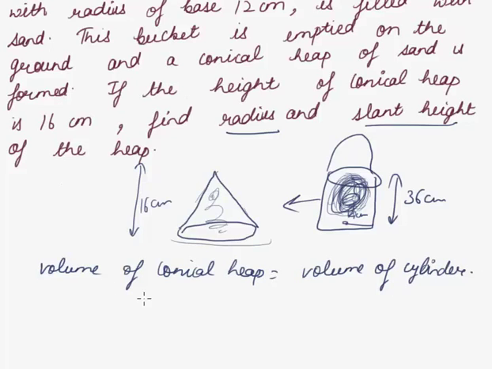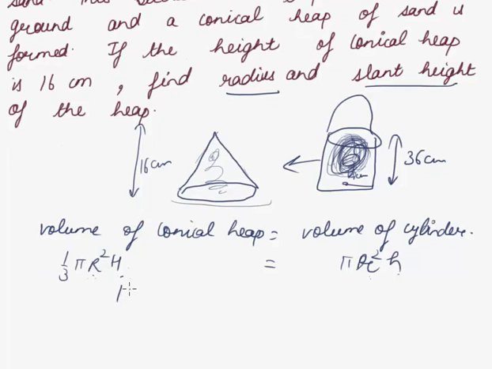Now volume of conical heap is 1 by 3 pi r square h, where r and h are the radius and height of cone, whereas for cylinder we know that its volume is pi r square h. To distinguish between two radius and the heights, we are using small r and h here and capital R and H here.